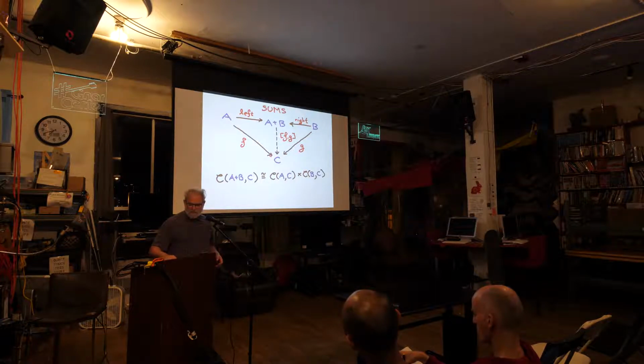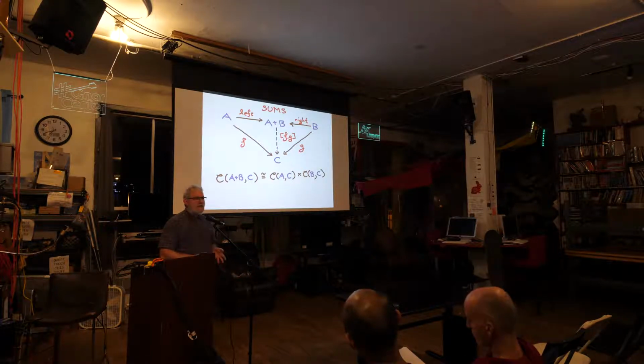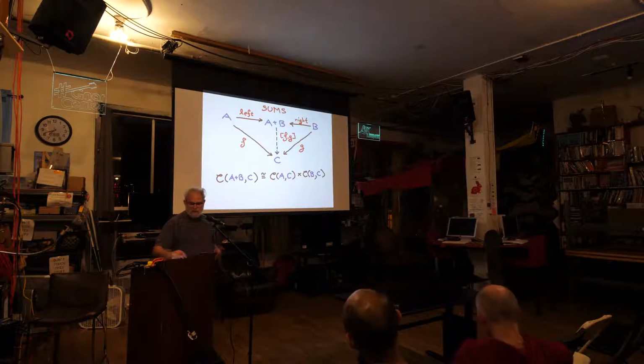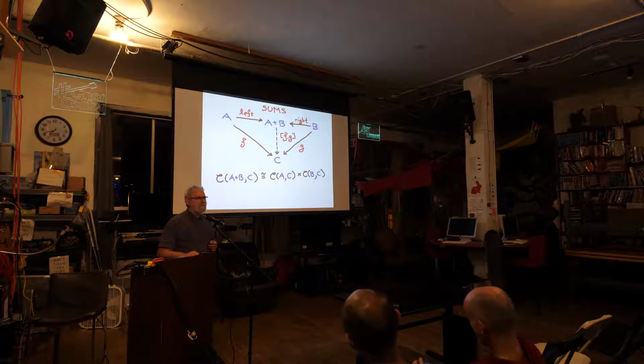So that means I'll use this F. If it was built with right, I'll apply G to it. So it's a case expression. We're choosing one or the other, which of F and G to do, depending on whether I was given something in A or something in B. And so the property of the sum type is, of course, everything in it either came from A or came from B.